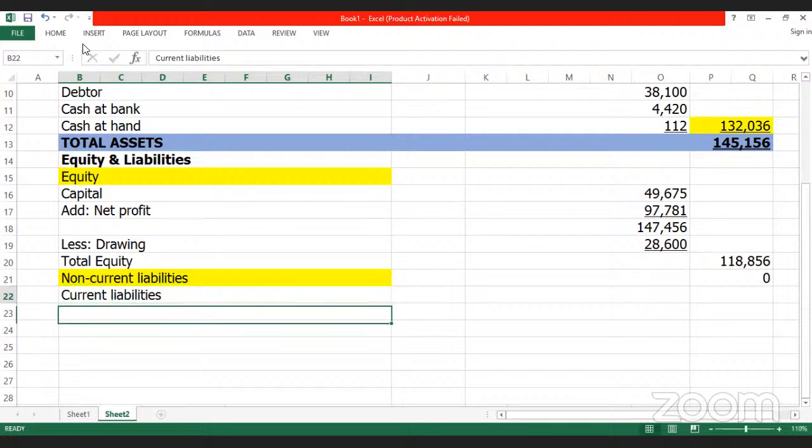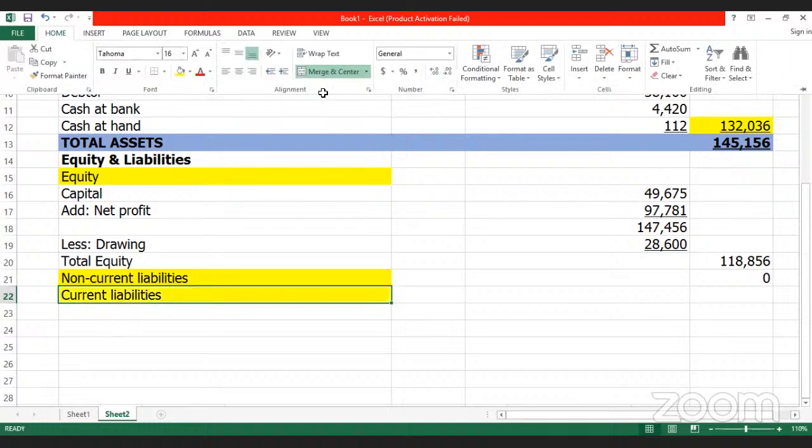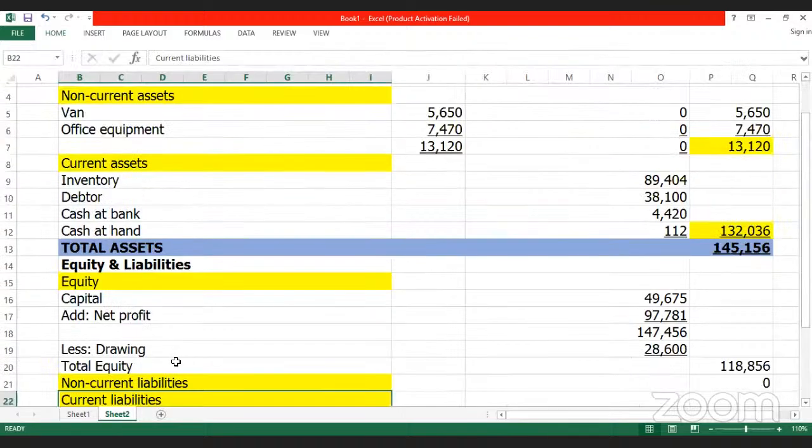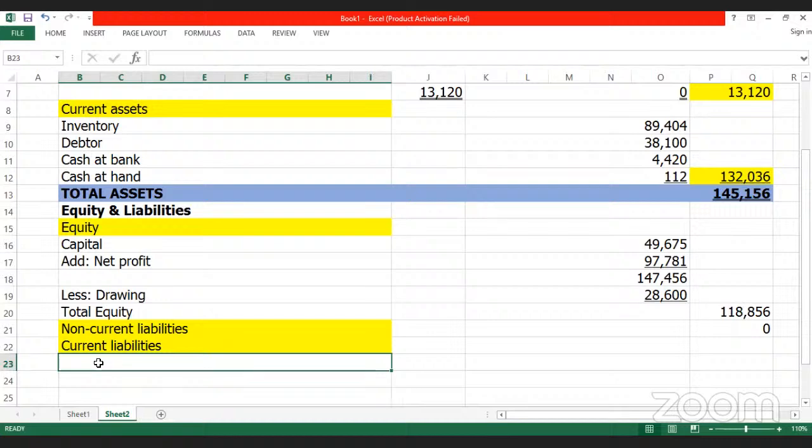We list them also. So under the current liabilities, what do we have, members?